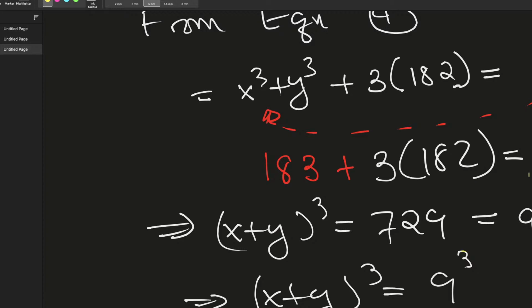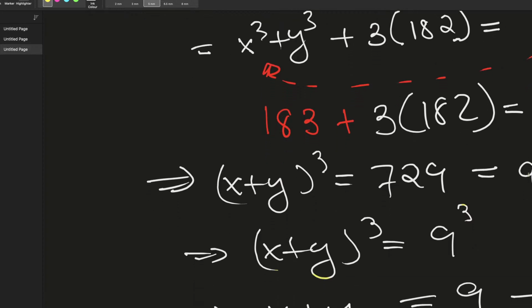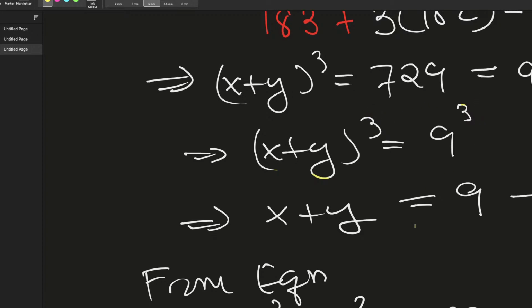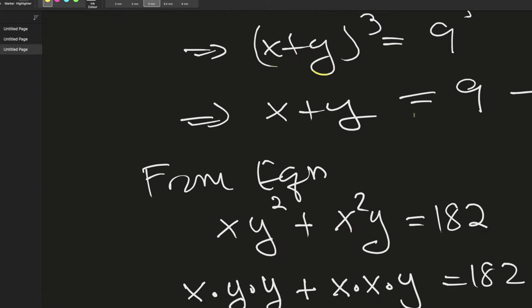Friends, it's becoming easier. Therefore, (x plus y) cubed is equal to 9 cubed. For sure, if you understand the principle of indices, you know this will cancel that. So in a nutshell, the equation now becomes x plus y is equal to 9.